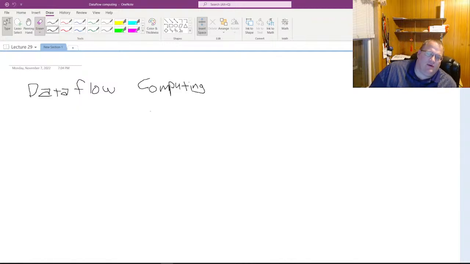In a data flow computer, that doesn't happen at all. It's just automatic. So what you have is different places where data can come in, and then you have other places where data goes out of the system.